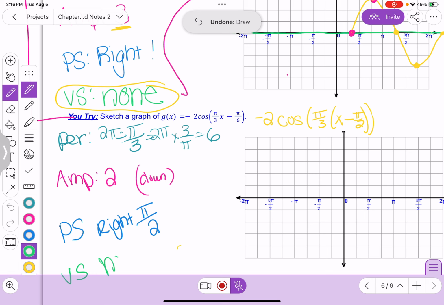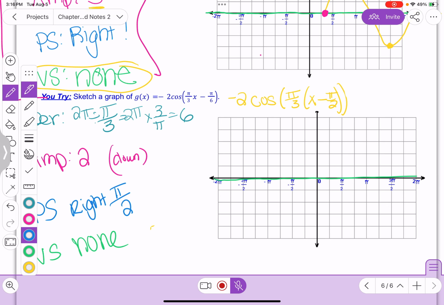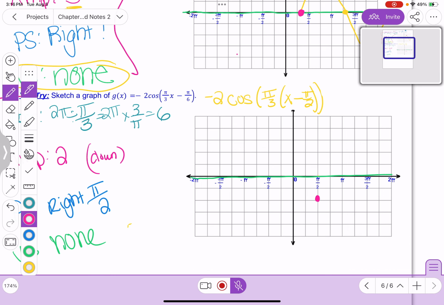And there is no vertical shift, so my midline's right here. Phase shift right pi over 2 means I'm going to start at pi over 2, but my amplitude is 2 and it's cosine. So I start at my middle, or no, I start at my minimum. And then the period is 6, which is just under 2 pi, so it'd be about here.